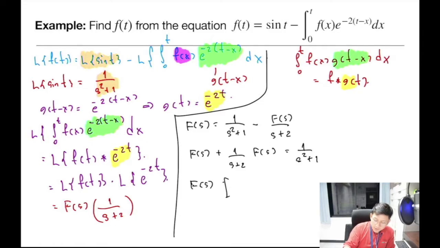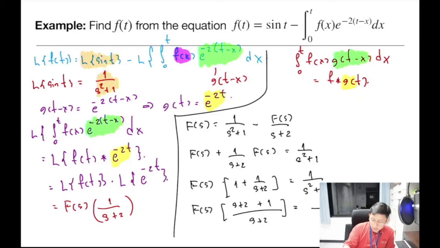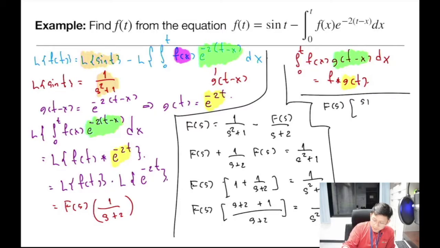So I have here 1 plus 1 over s plus 2, and then it would be F(s) times (s plus 2 plus 1) divided by (s plus 2), and that is 1 over s squared plus 1. So here we have F(s) times (s plus 3) divided by (s plus 2) equals 1 over s squared plus 1.